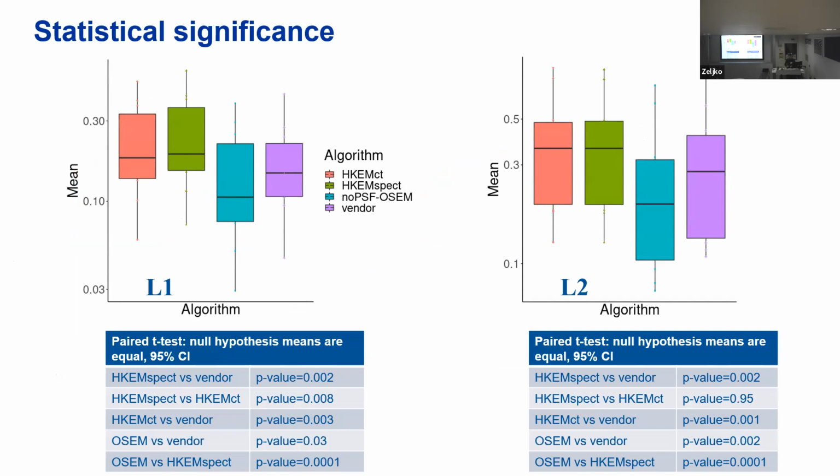So a PET test was used in this case for both the regions, and for the lesion L1, which is the one close to the edge of the liver, we can see that all the algorithms provide significantly different results, while for the other case, the HKM different options are pretty much the same. They're not significantly different in this case, but they are significantly different from OSEM and Q-clear.